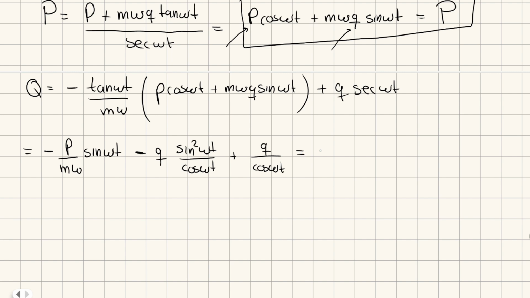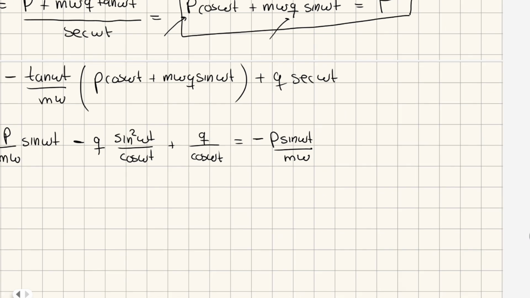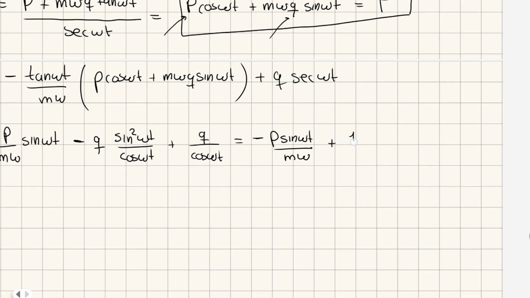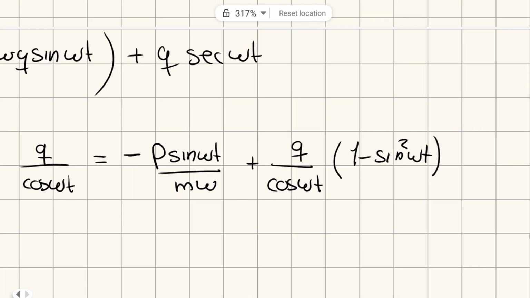So this is going to be equal to minus p sine omega t divided by m omega, and then it will be plus 1 divided by cosine omega t times, and here let me put a q, it will be 1 minus sine squared omega t. But we know that this is equal to cosine squared omega t just by the Pythagorean trigonometric identity.